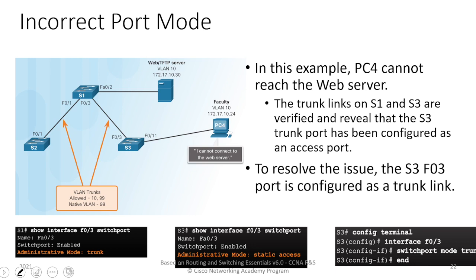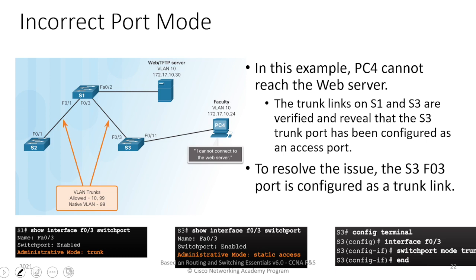So when we think about these incorrect port modes, sometimes what can happen is, because we are configuring different interfaces to do different things. When we have VLAN trunks, we set them as trunk enabled, and we are checking them.